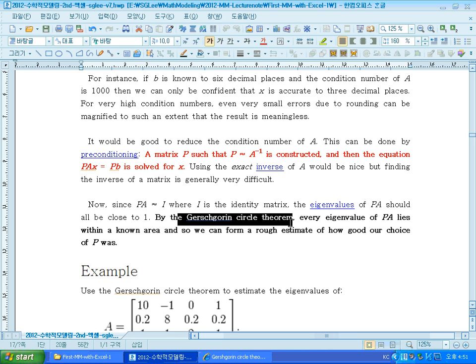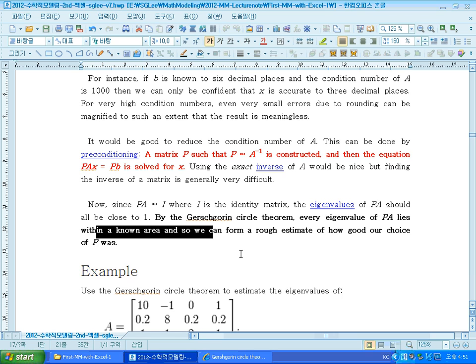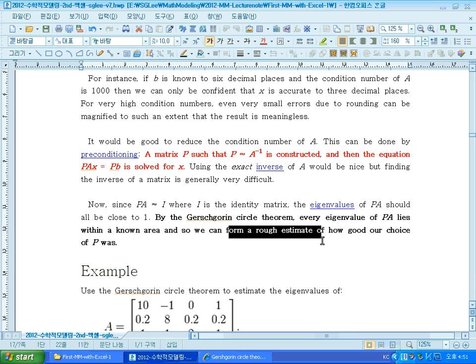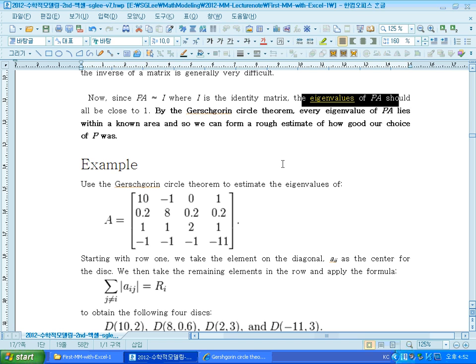So by the Gershgorin circle theorem, every eigenvalue of PA lies within a known area, and so we can form a rough estimate of how good our choice of P was. After we choose P, we can just check the eigenvalues of PA by drawing the Gershgorin circles, and then we can check whether it is a good choice or not.